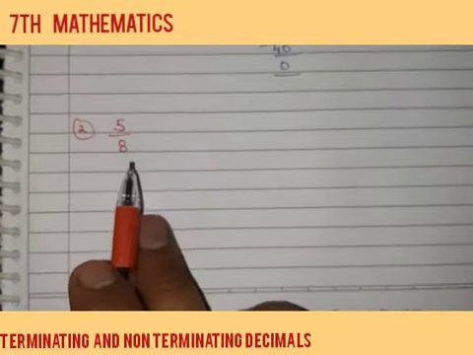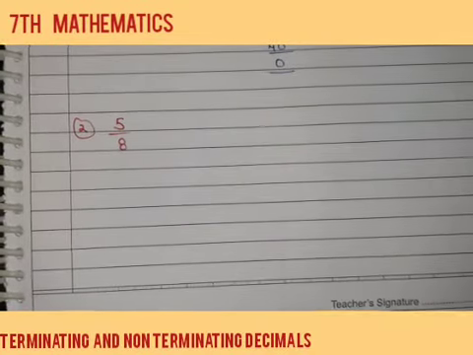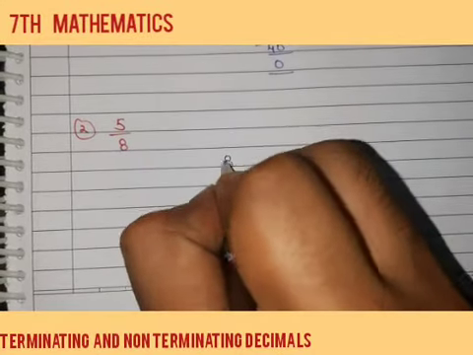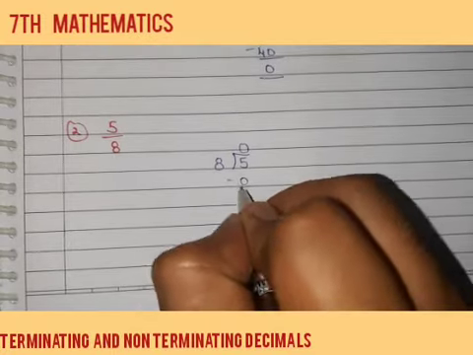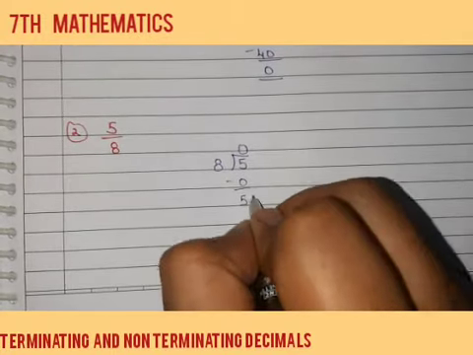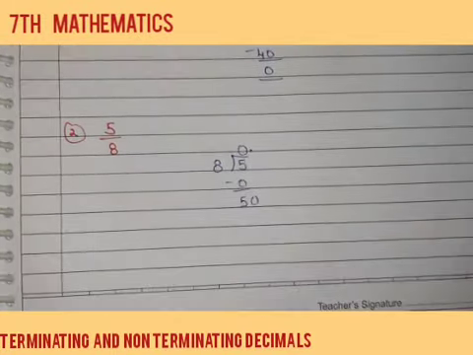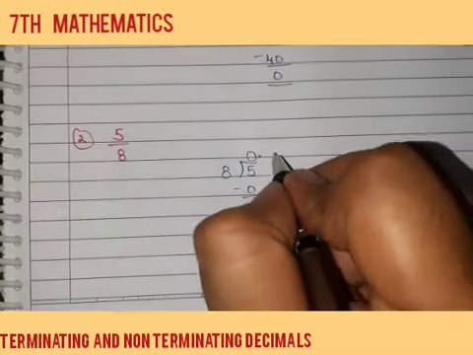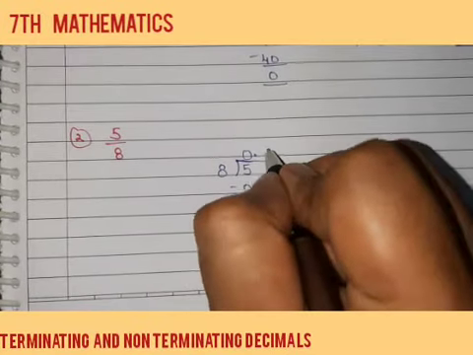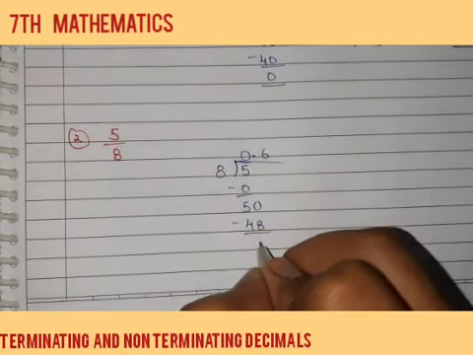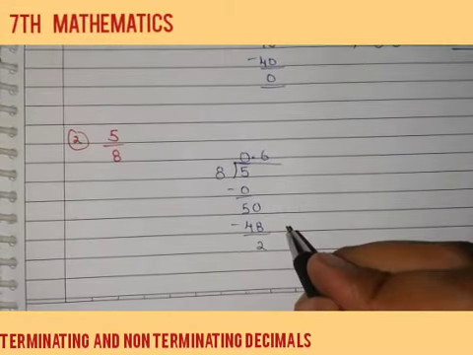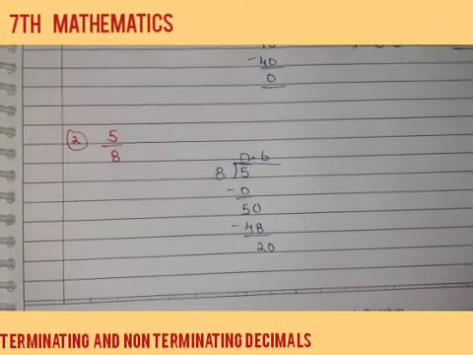Let's see the second question, 5 by 8. So again 8 into 0. Now 8 into 6 will be 48. We can write here 2. Now since there is a decimal, we can write here 0.